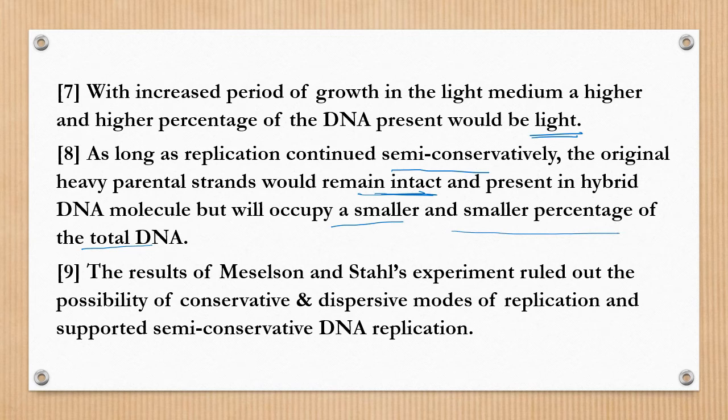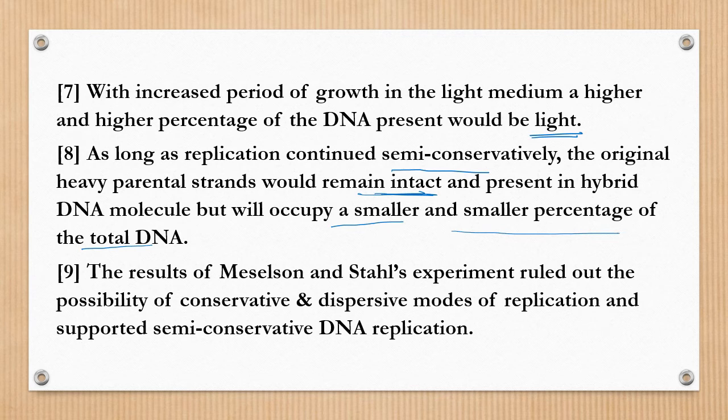If you go to the first generation, it is 100%, second generation 50%, and in the third generation, how many will form? In the second generation, a total of 4 DNA molecules are formed. Then in the third generation it will double, that means 8. Of those 8, only 2 out of 8 contain heavy DNA. 2 by 8 is nothing but 1 by 4, that is 25%.